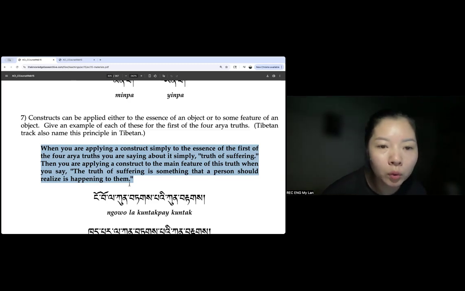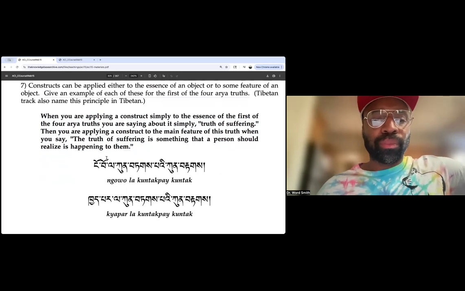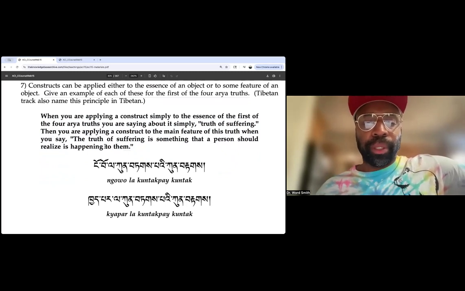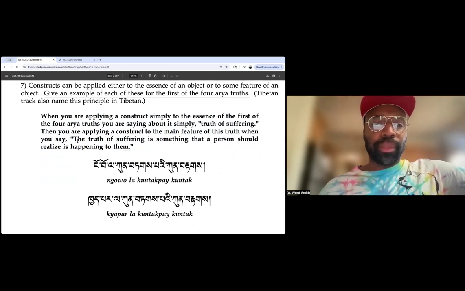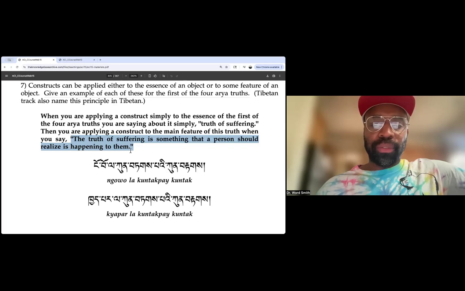That's okay. So I got the first part right. The second part, the truth of suffering is something that a person should realize is happening to them. That's not what I meant by a self, but that's cool.